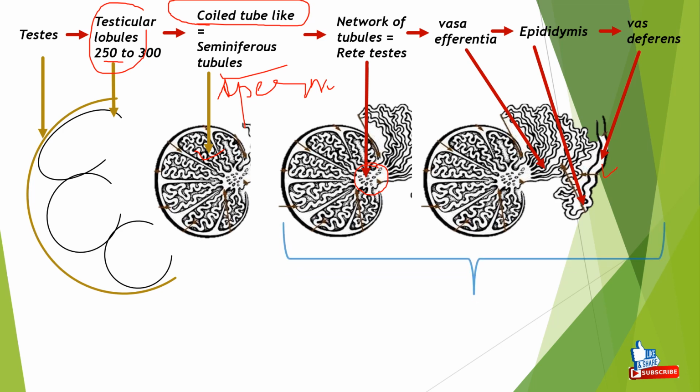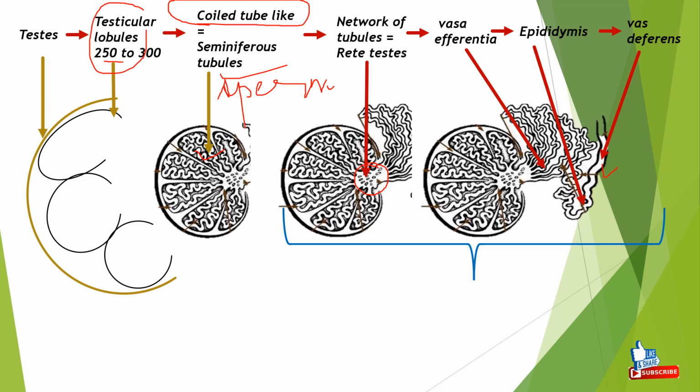Now, these four structures, rete testis, vasa efferentia, epididymis, and vas deferens, contribute to the accessory ducts, a part of the male reproductive system. The last part of the testes, you can see here, is the vas deferens, and this further joins a part of the urethra.